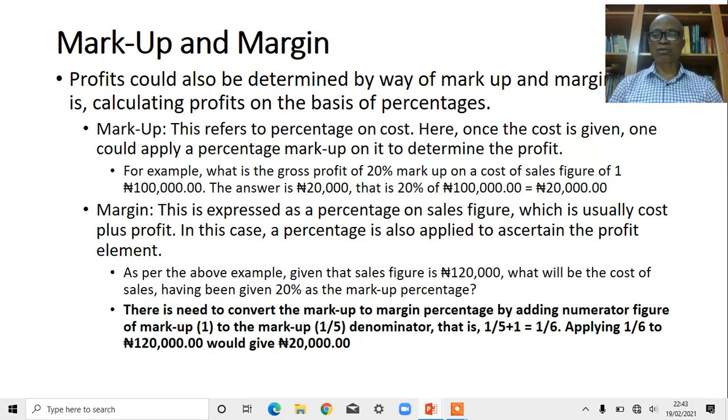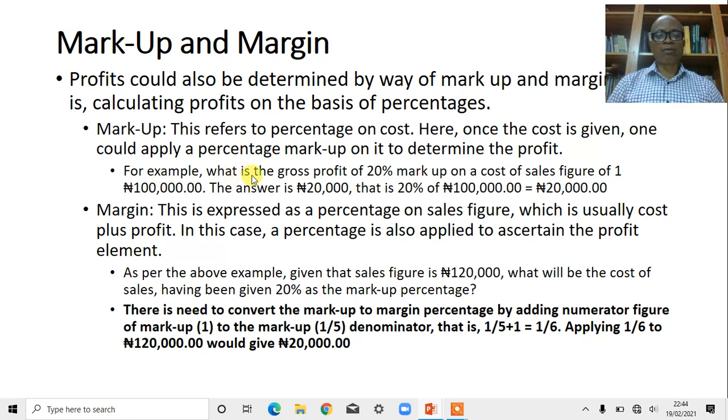Let's go to markup and margin, to see how we determine profit using markup and margin. Profits could also be determined by way of markup and margin. That is calculating profit on the basis of percentages. When we talk about markup, we're referring to percentage on cost. Once the cost is given, one could apply a particular percentage to know the markup and, of course, to determine the profit. So let's look at this example.